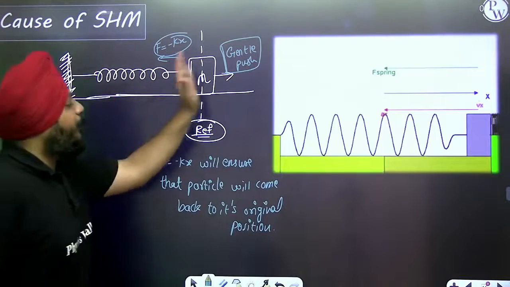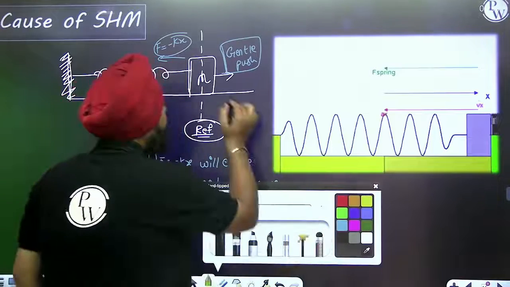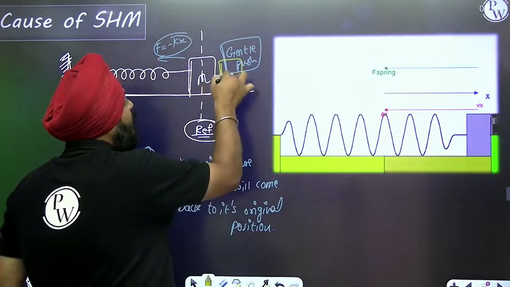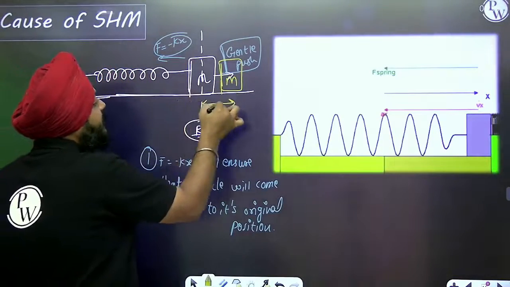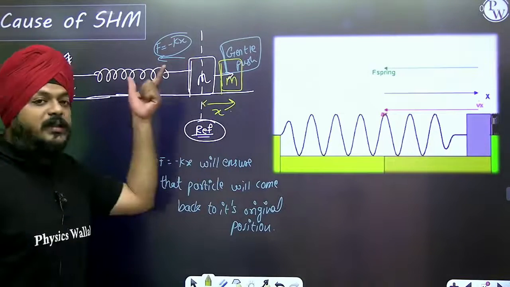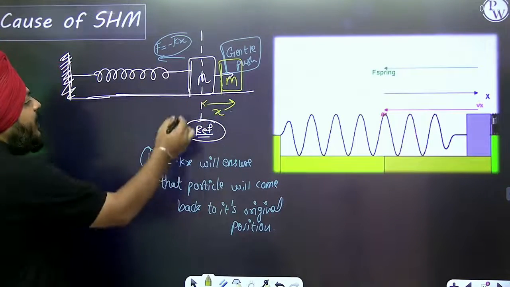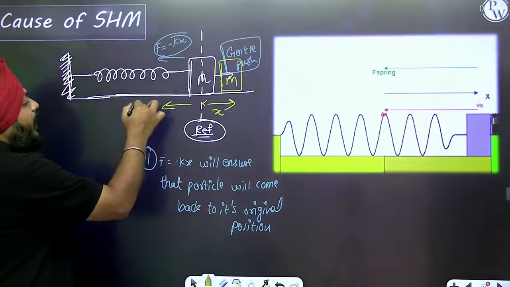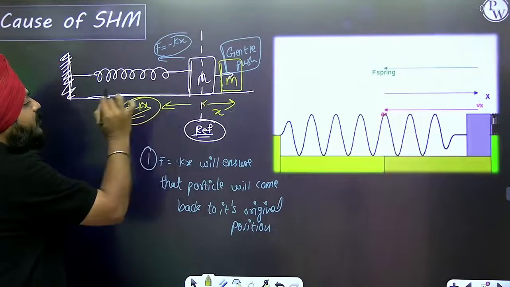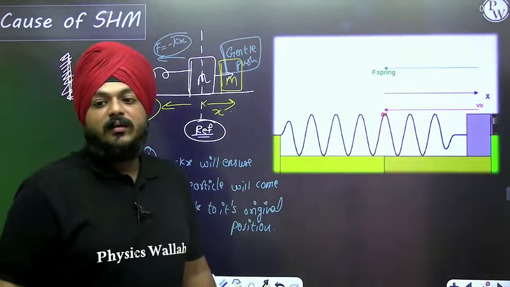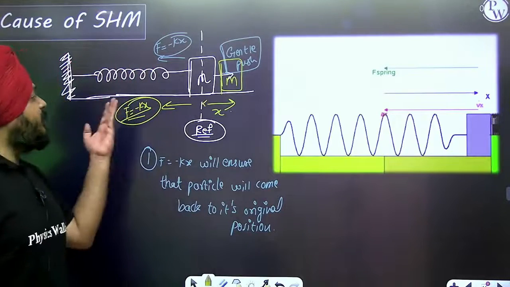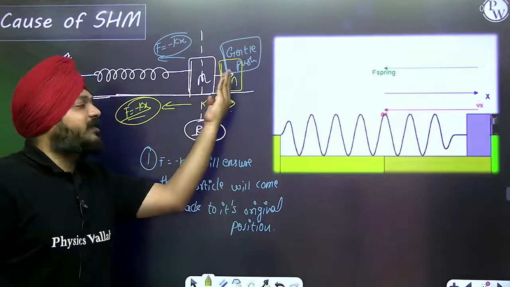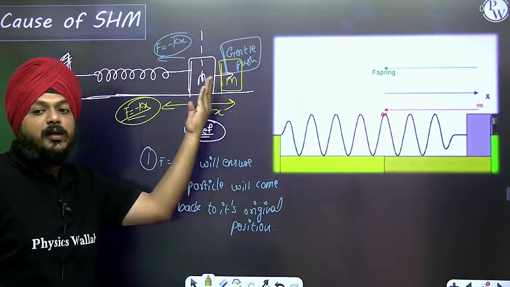How? A gentle push is given. The particle is getting displaced from its original position. Let's say this displacement is x. For this displacement of x, the same amount of restoring force, F is equal to minus kx, is developed. So this restoring force ensures that the particle is coming back to its original position.